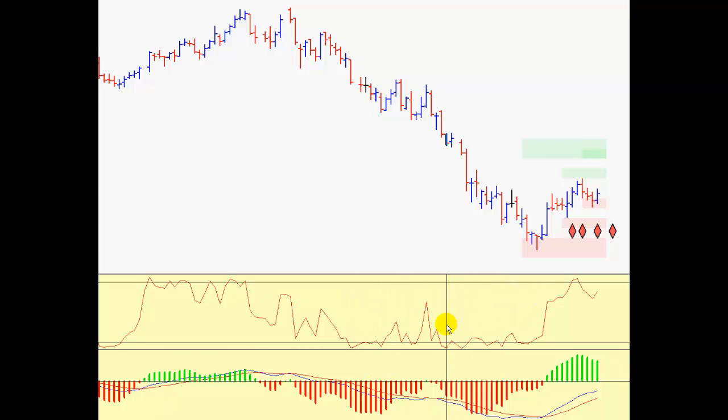And just as we did on the weekly, we can certainly do on the daily. However, the daily chart's a little more all over the place as far as the percent R. In this case, you'll notice that it's bounced in oversold, bounced out, bounced back in, and so forth, because there's a lot more noise going on in the lower time frame.